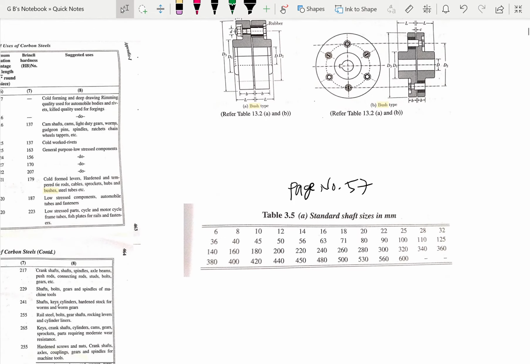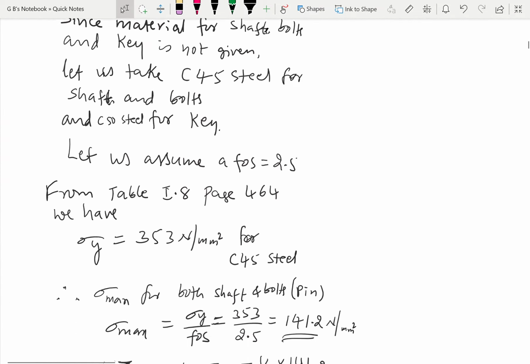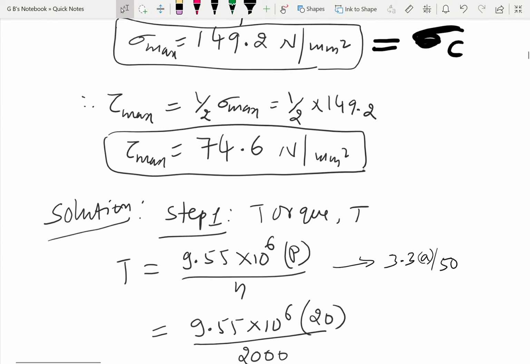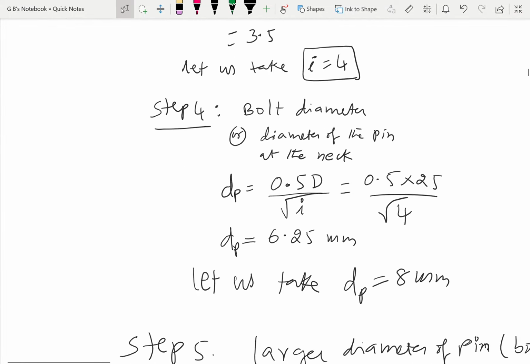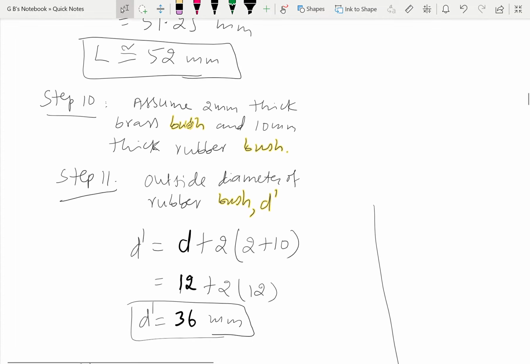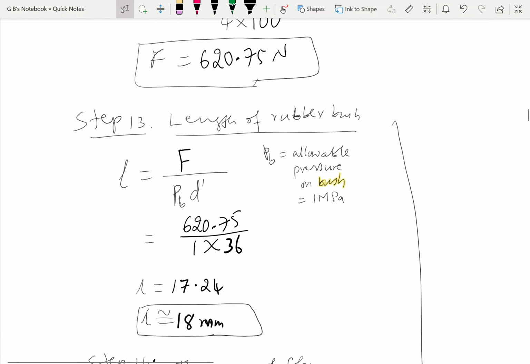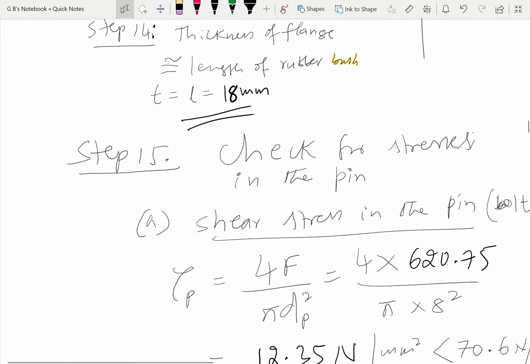The clearance is very small, so you can neglect that. That's why I have mentioned it is almost equal. So thickness of flange is almost equal to length of the rubber bush, 18 mm.